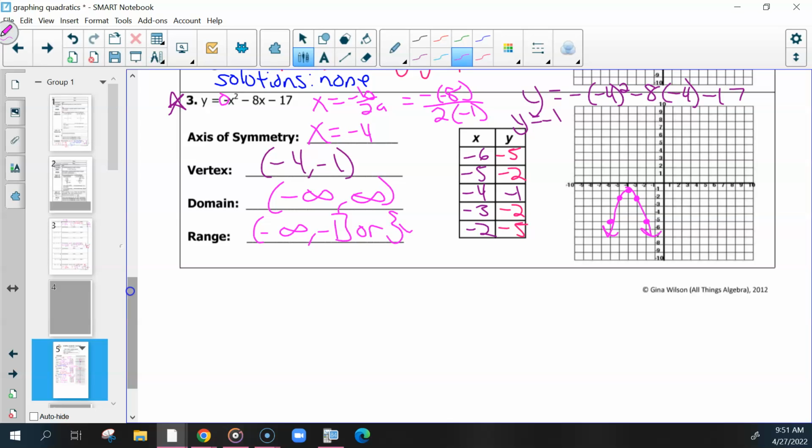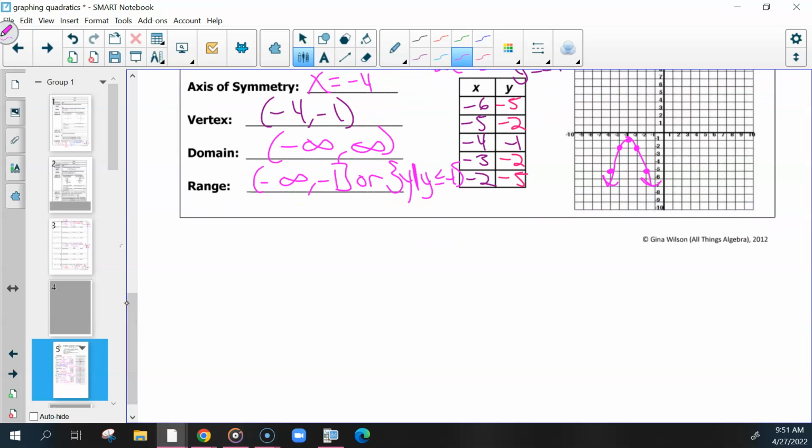Wait, how do you know? That is below. This is not above. Above what? Negative 1. What's that shape? Negative infinity, and then there's an amount where. Negative 1, instead of 1. That makes sense now.